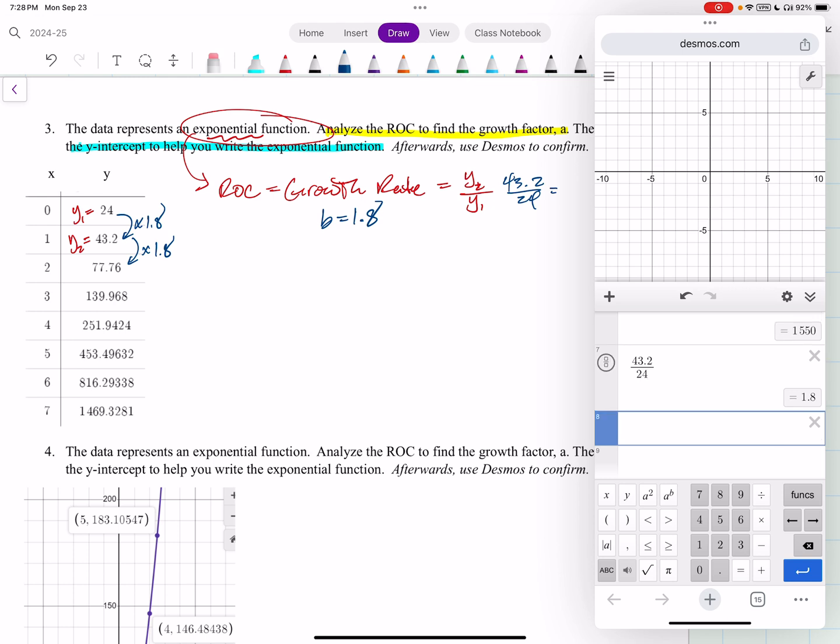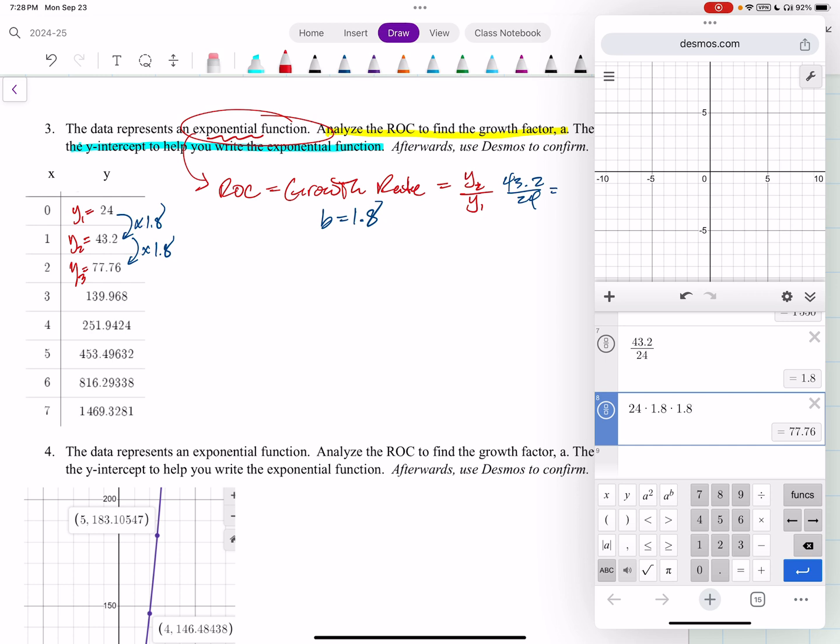And if you don't believe me, take 24, multiply it by 1.8, and notice you get 43.2, which is your second y value. Times 1.8, you get your third y value, 77.76. So we have a growth rate right there.